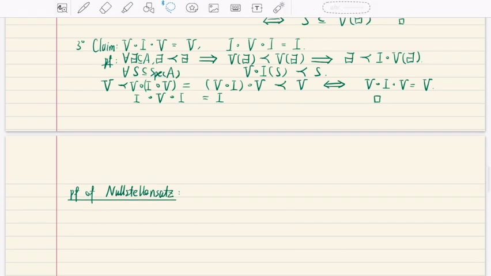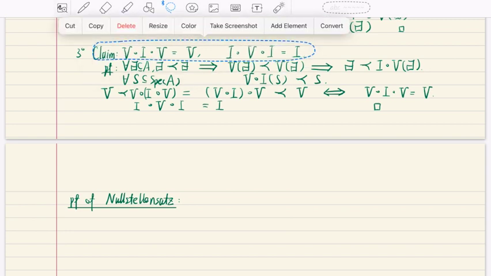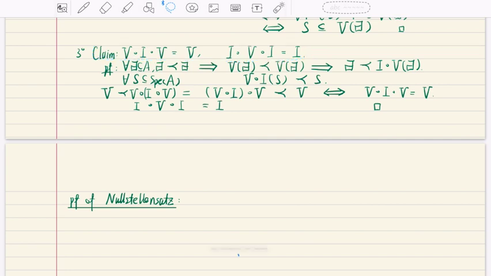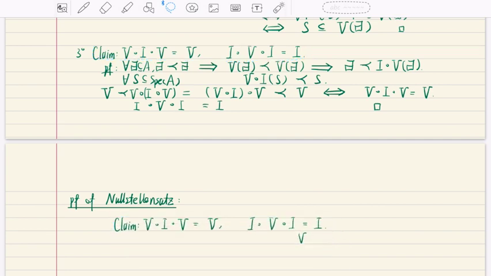Okay, for the proof of the Nullstellensatz, we only need to use claim 3. Let's just copy it here. That is the only thing we need to use.